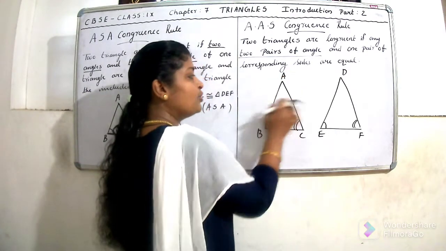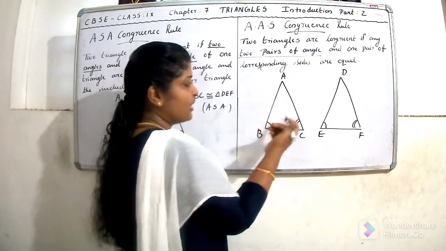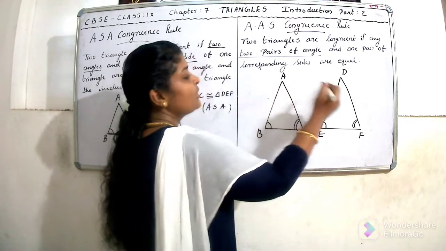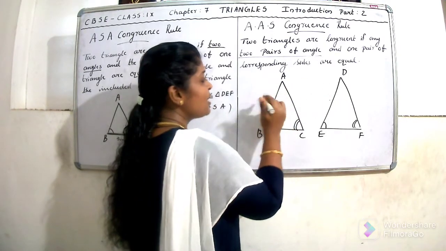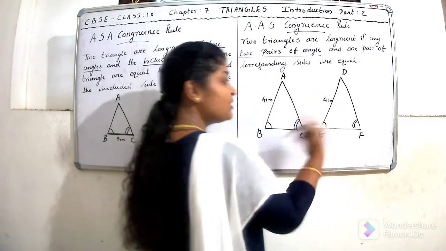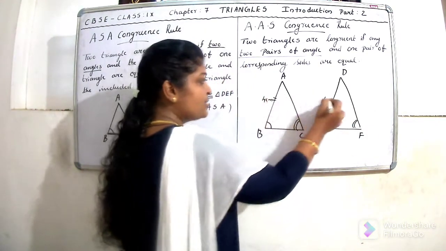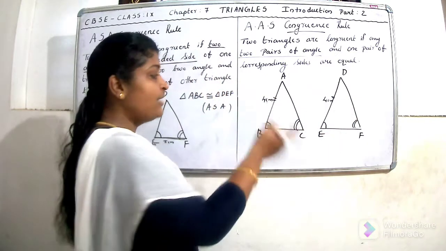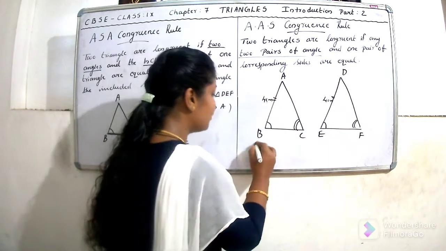Suppose we are taking this side, then the corresponding side is this. Suppose this is 4 centimeter, so this is also 4 centimeter. That means these two sides are equal, then these two triangles are congruent.